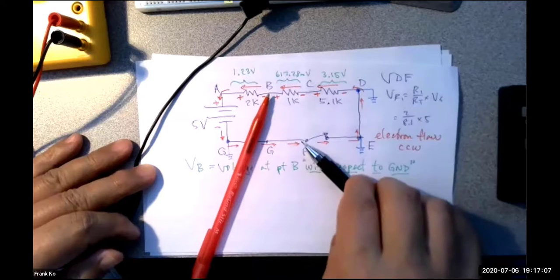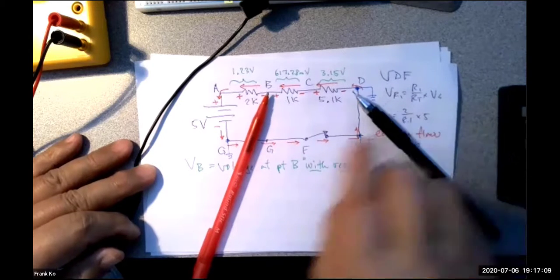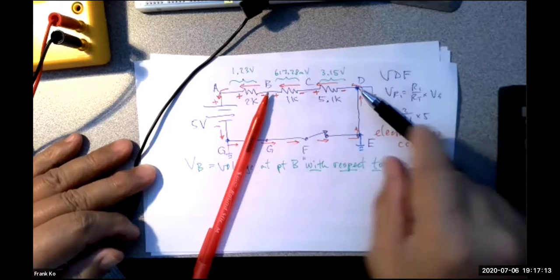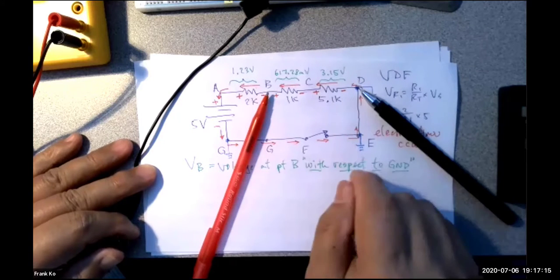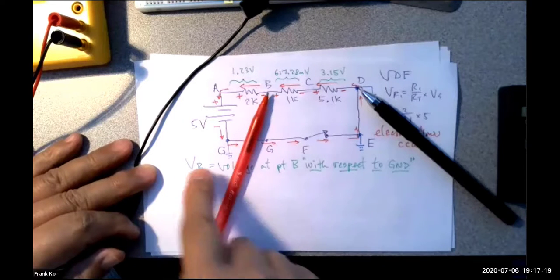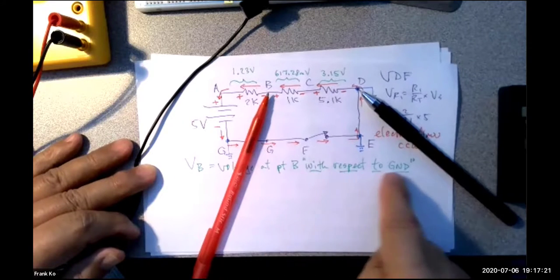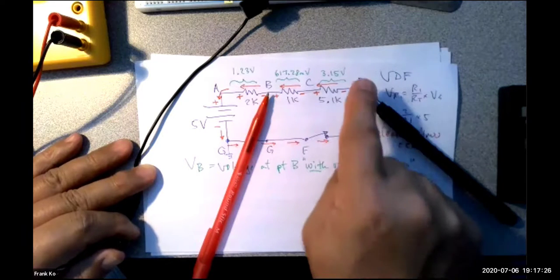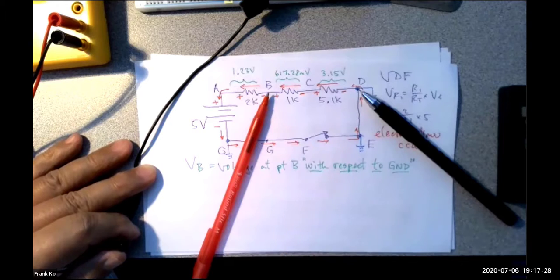G is ground, F is ground, E is ground, D is ground. We've ascertained that entire side of the board is ground because there's a wire connecting them all together. My question again: if I want the voltage at point B with respect to ground, is my red probe at B, where it should be, and is my black probe at ground, where it should be?